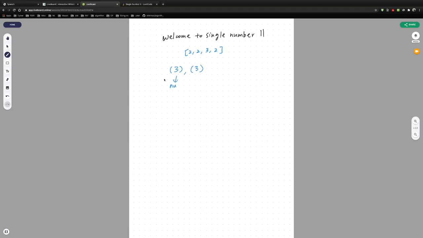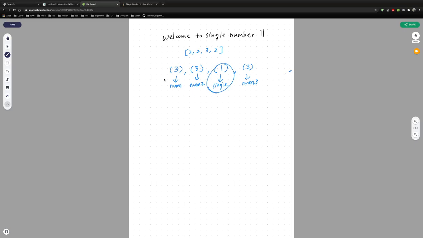Maybe I will assume number 1 and number 2. The one that appears 1 time is the single number, and the other is a number which appears 3 times. So we need to find out this single number.